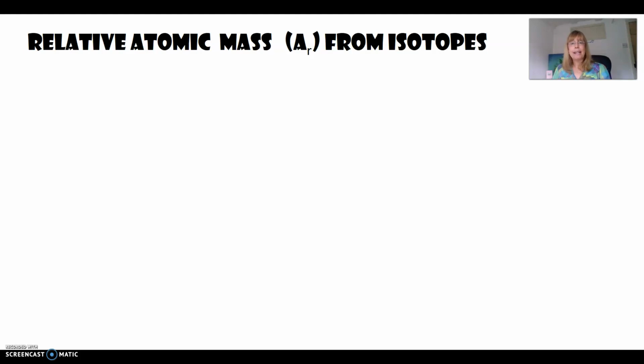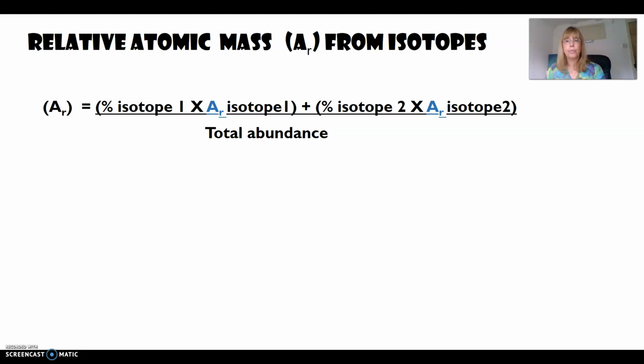Right, now I've added this in because this is the first big calculation in the first couple of sections that you did in Year 9, and in the last Year 9 test, almost everybody forgot how to do this. So I don't want you to be like that. This formula: if I've got different isotopes and I want to work out the relative atomic mass for that element, I get told what percentage of the isotope I have in a mixture, and of course what the relative mass is, and the percentage of the other isotope in the mixture, and I divide it by the total abundance.